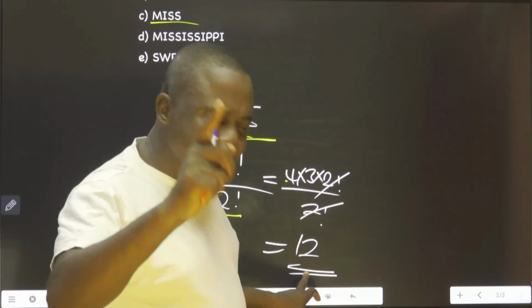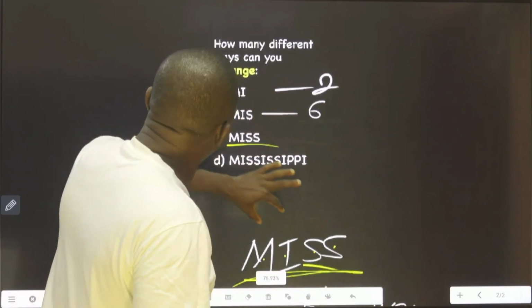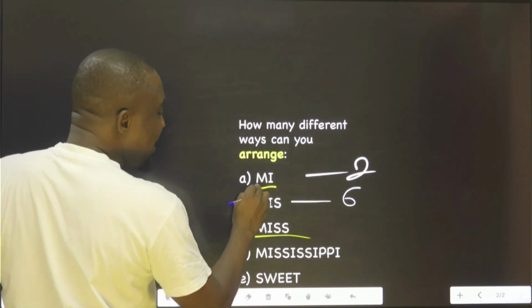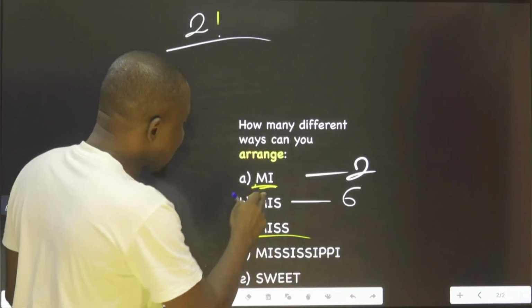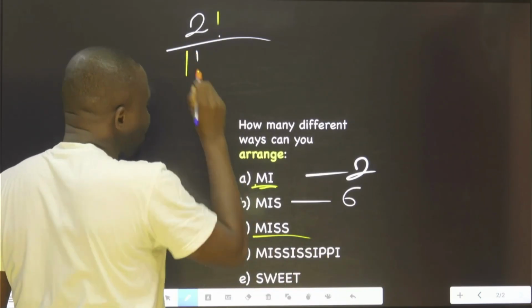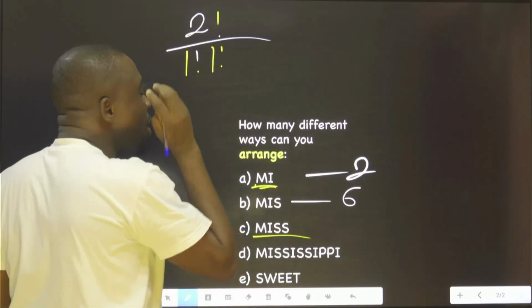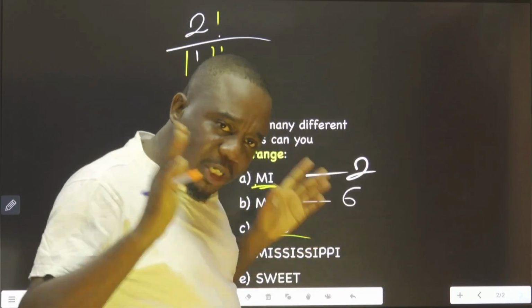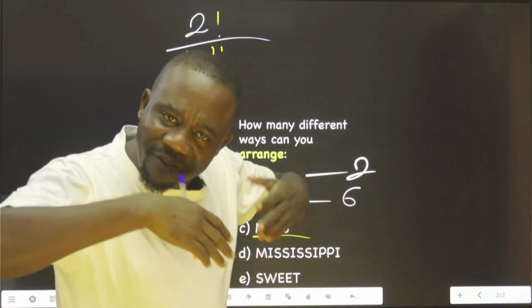The next thing you are asking me, why did you divide? Yes, you have to divide. Even this one you are seeing here, there was a division. That is how many? 2 factorial. Right? How many M? 1 M, 1 factorial. How many I? 1 I, 1 factorial. What is 1 factorial? It's 1. 1 multiplied by 1 is 1. 2 factorial over 1, at the end of the day, 2 factorial.